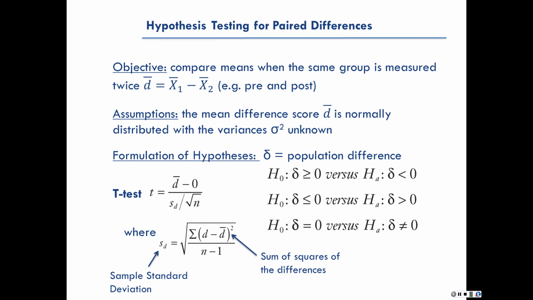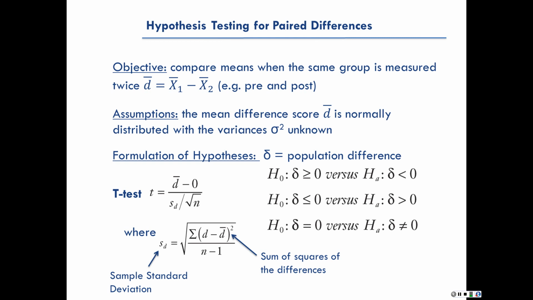Okay, so a related form of hypothesis testing is if we measure the same group twice at two different points in time. And this is typically done for pre and post studies. You weighed yourself, went on a diet, and then weighed yourself again. That would be a good example. And so what we're comparing now are mean differences, which is symbolized by the little bar over the D, equal to the mean difference between time 1 and time 2.